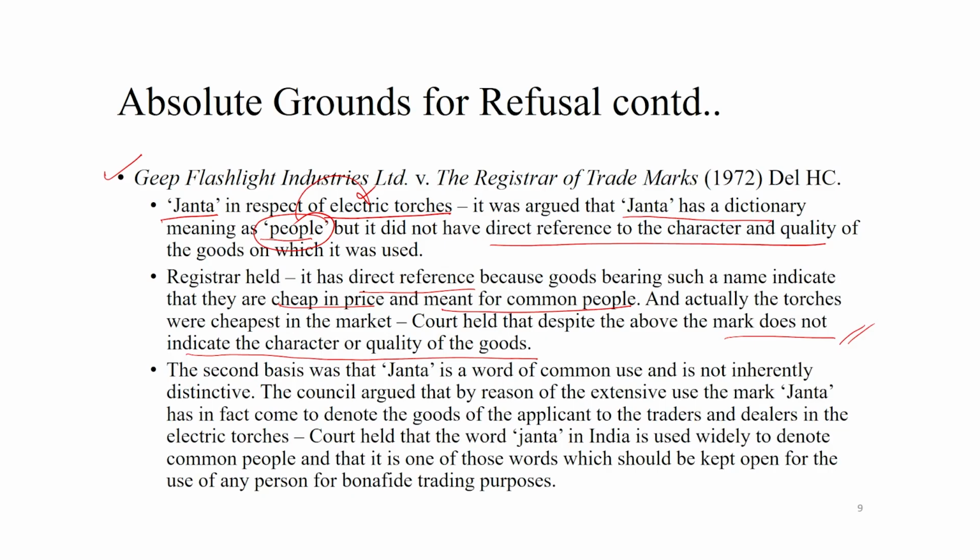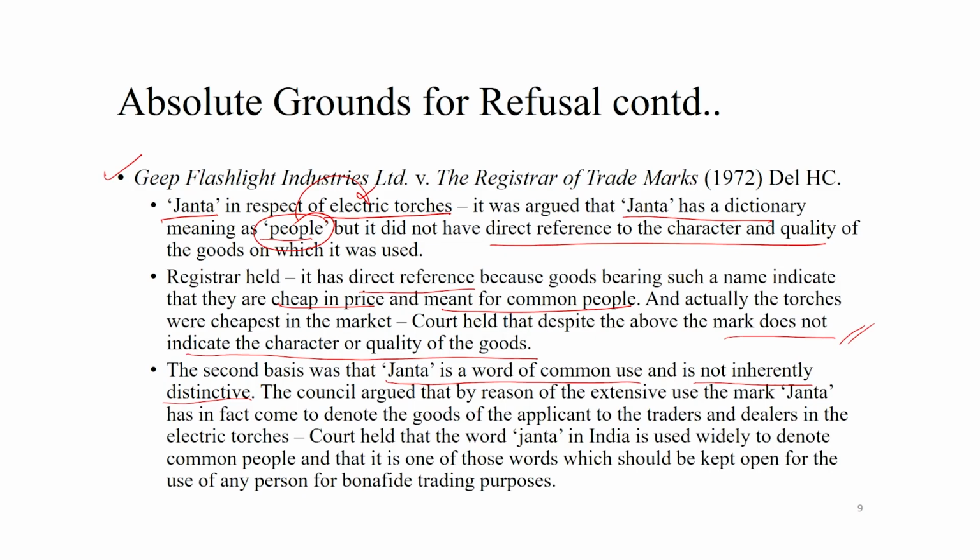But what became the basis for judgment is, according to court, janta is a generic word. It is a word of common use. And if it is a word of common use, it does not have inherent distinctiveness.